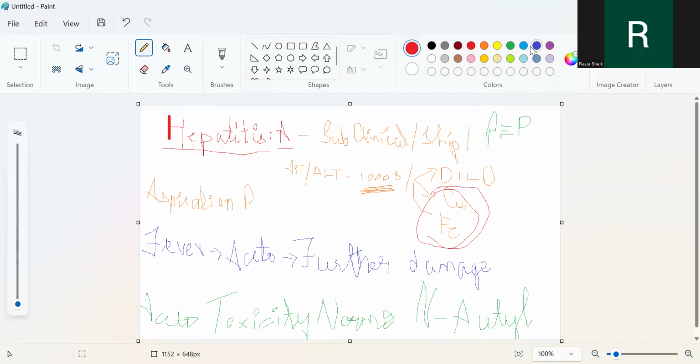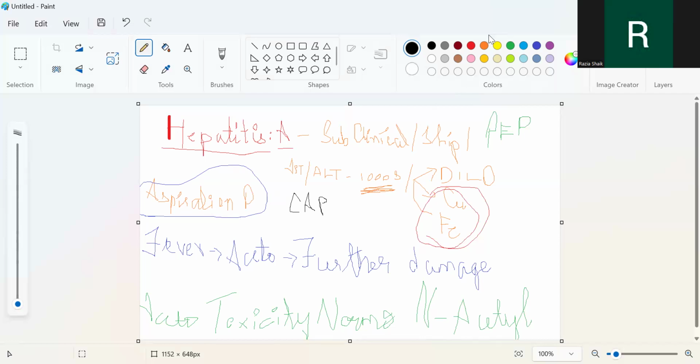Coming to our topic of aspiration pneumonias. This can be treated like any other community acquired pneumonia, just like how you do chest x-ray and all that.